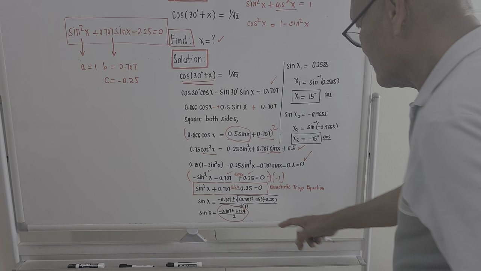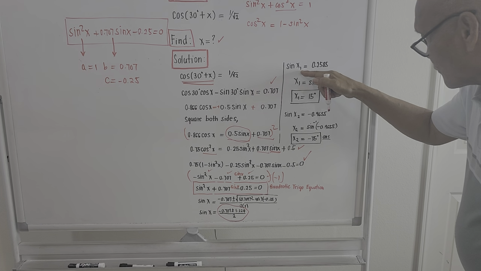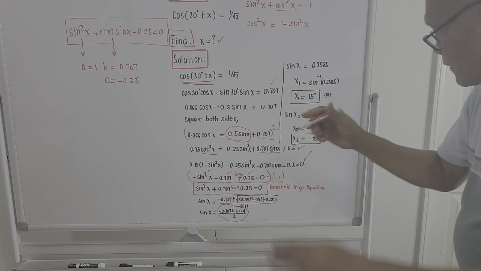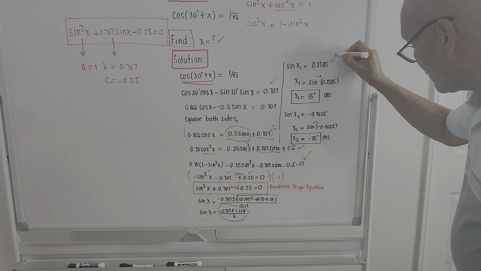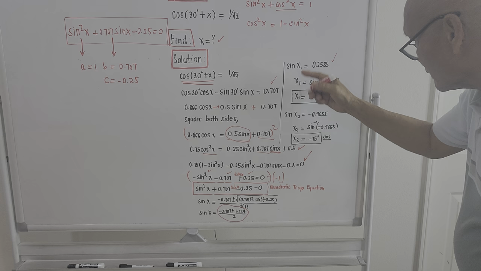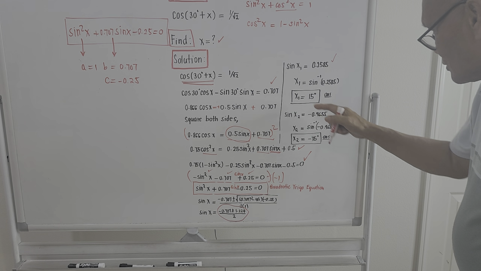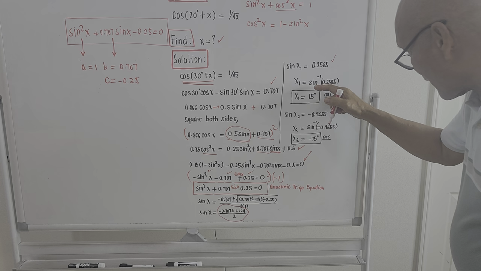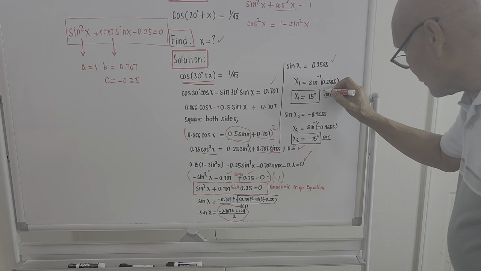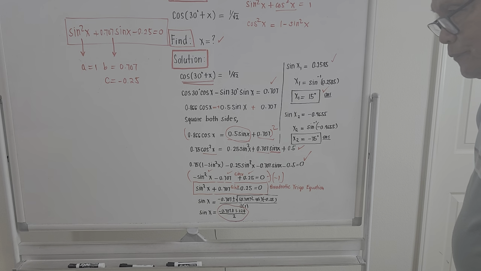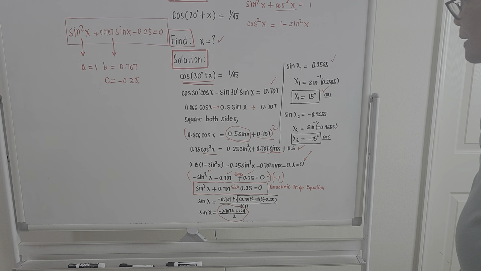If we try to use the positive one, sine of x with the subscript 1, meaning the first value of sine of x will be 0.2585. Okay, and to solve for x1, take the inverse of both sides, inverse sine. So x1 now will be arc sine of the right hand side, 0.2585, and what will come out will be 15 degrees. That is by using the positive sign from the quadratic formula.